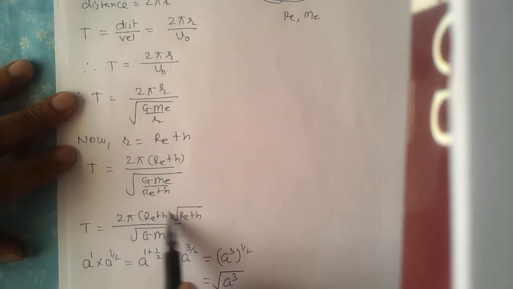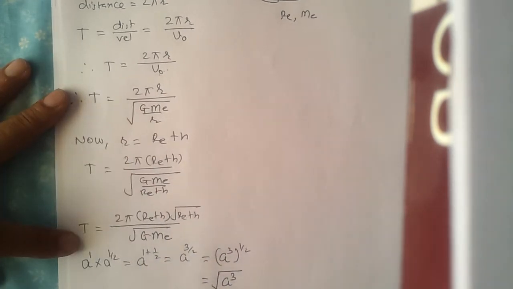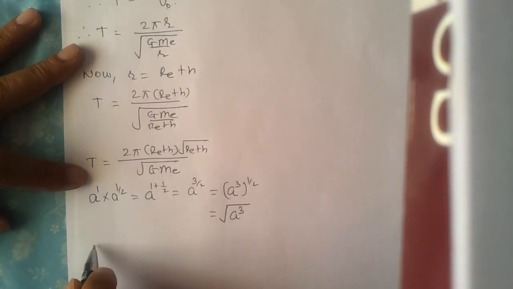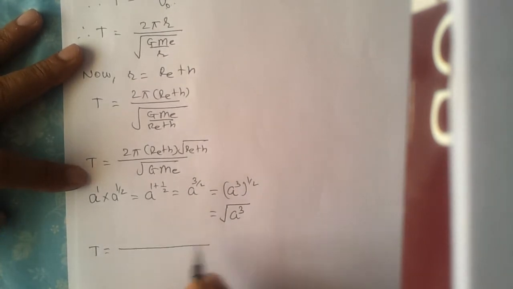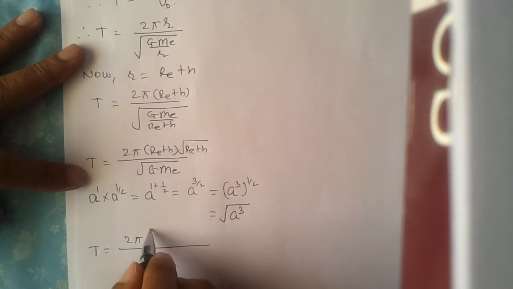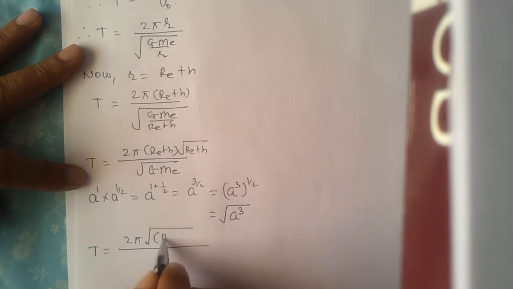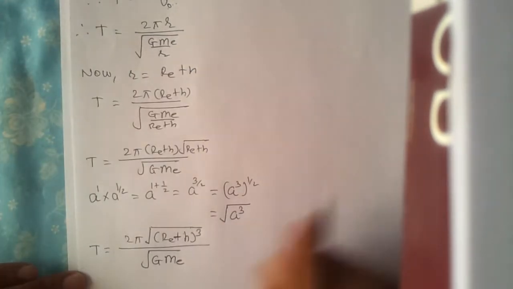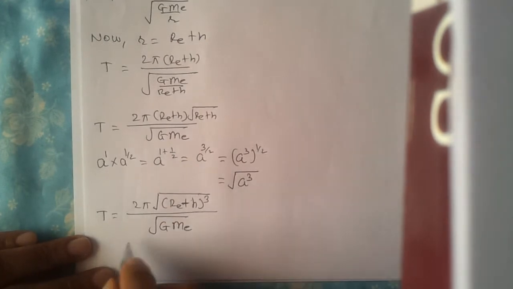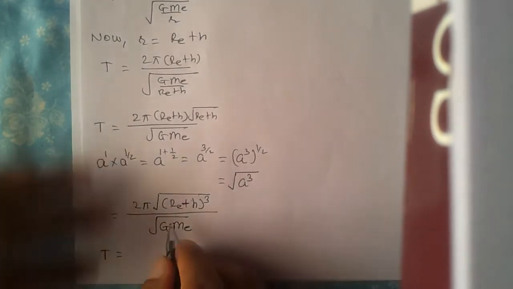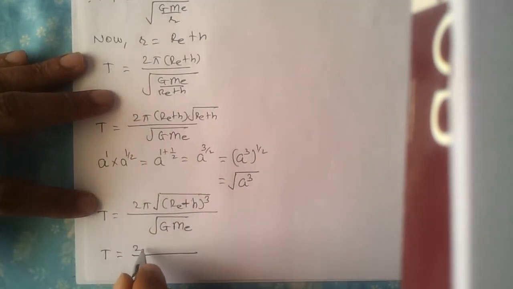So this particular expression now will take the form, T is equal to 2 pi square root of (R_e plus h) whole raised to cube upon square root of GM_e. Right? And of course I can have only one square root sign, so I can write this as T is equal to 2 pi.